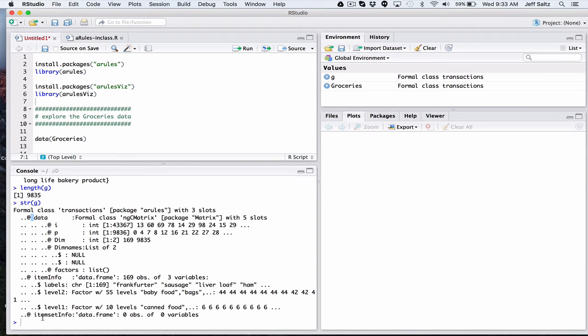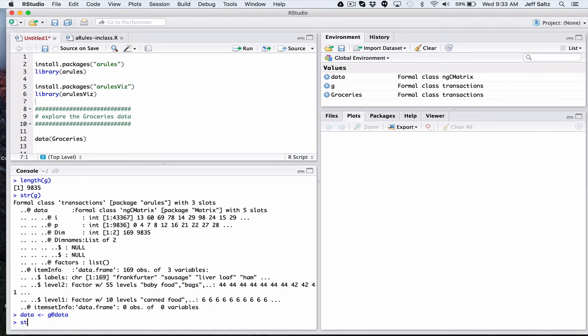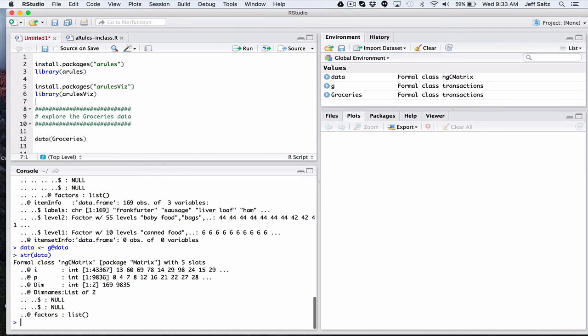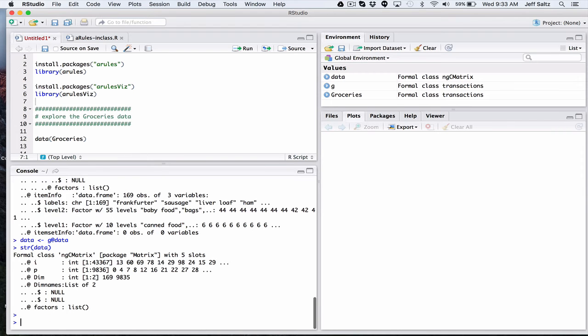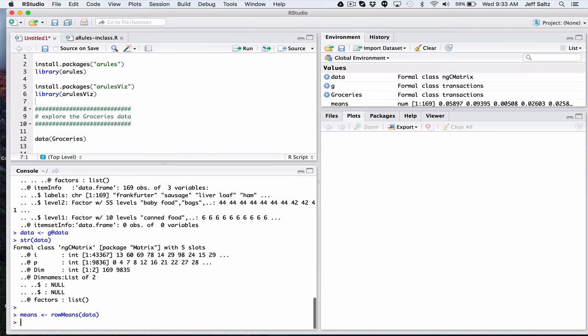So let me get access to data and show you how to do that. You just do that, @data. Now if I do structure of data, you can see it's that sparse matrix that we were talking about. So now that we have the matrix, what do you think this row actually represents?